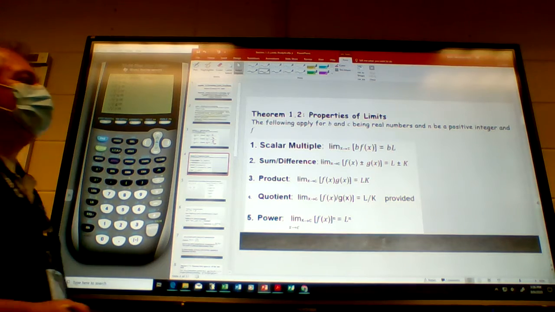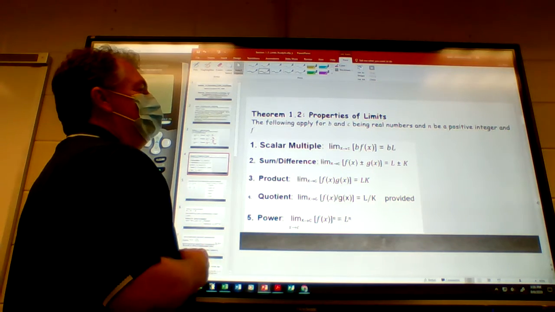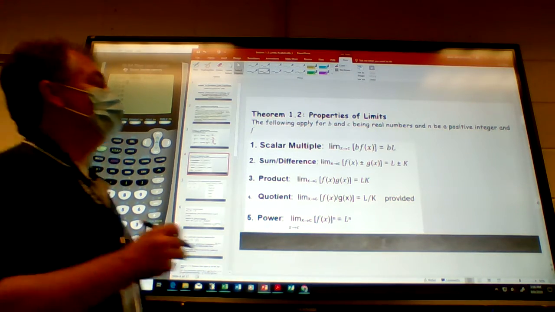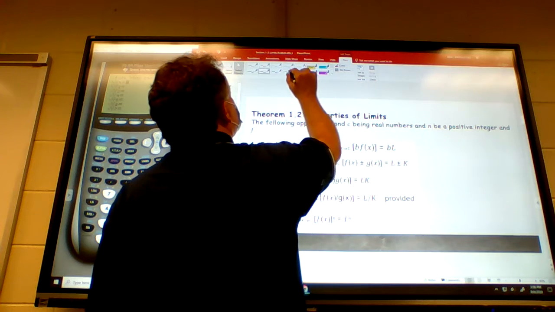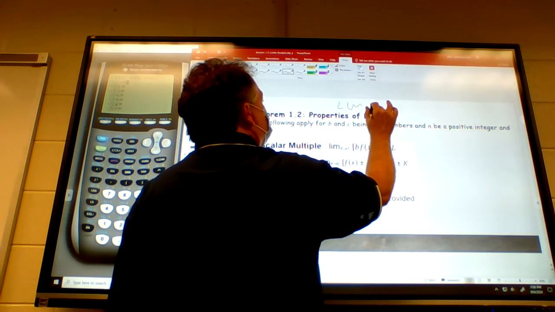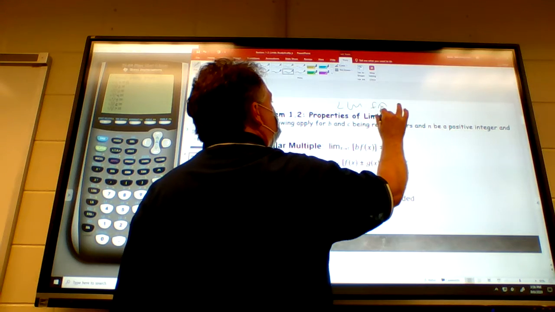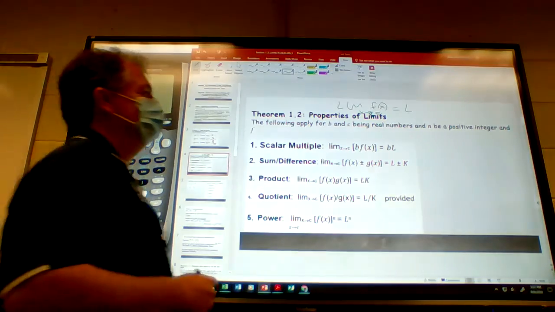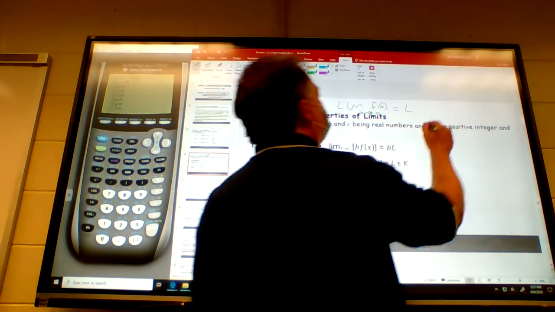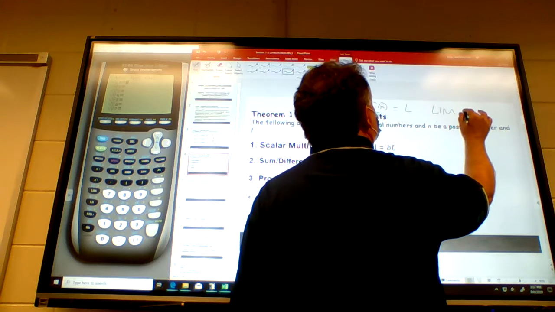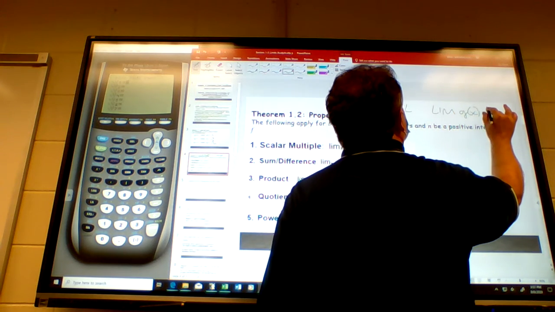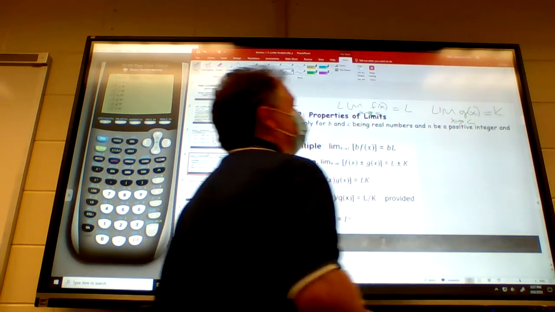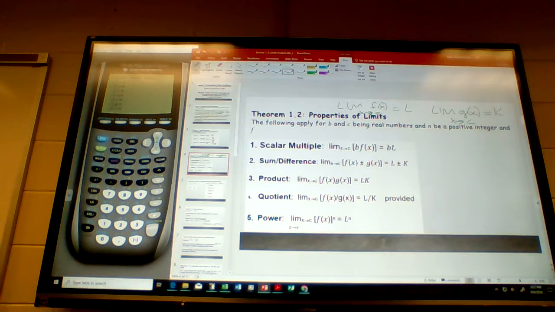Scalar means if you multiply, the limit of b times f of x as x approaches c is going to be b times L. Remember, this is as long as the limit of f of x as x approaches c is L, and also the limit of g of x equals k as x approaches c. Little thing I should throw in there real quick.